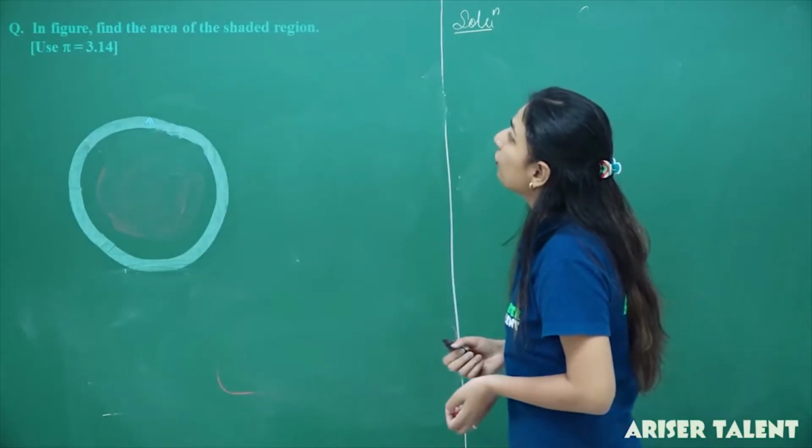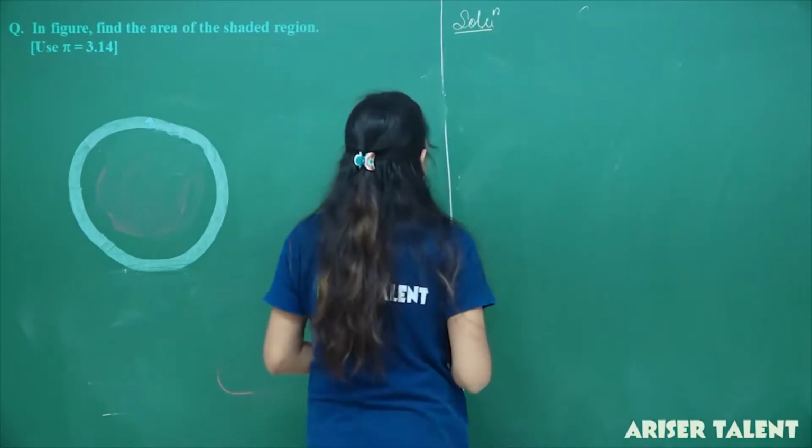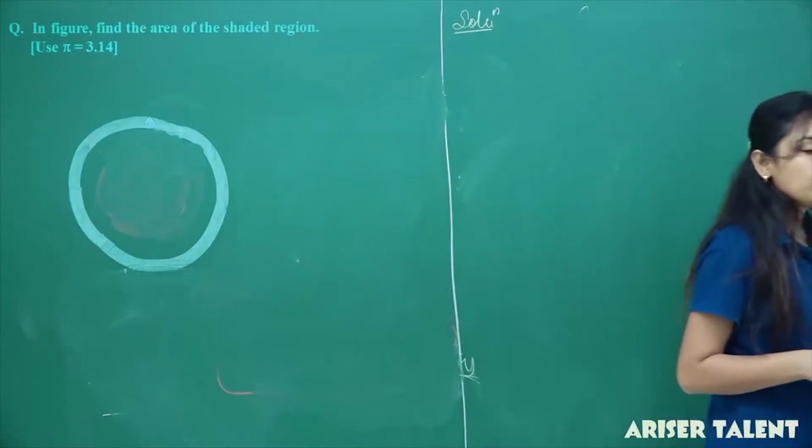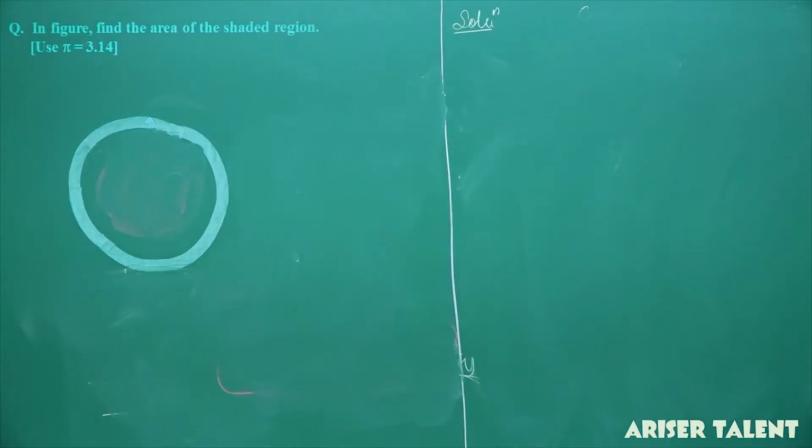In the figure, find the area of the shaded region and use pi equals 3.14. In this figure, you are not provided with the figure actually, so I am telling you the figure here.